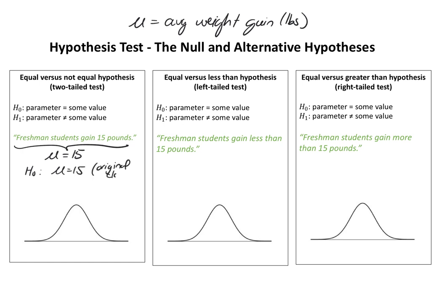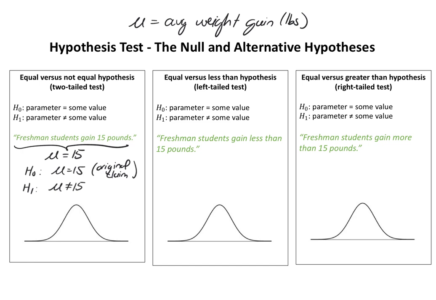It's always a good idea to keep track of what the original claim is, whether it's the null or the alternative hypothesis, because that will help us decide how to state our final conclusion. The alternative hypothesis will be, if mu is not equal to 15 pounds, then we would use the not equal sign.